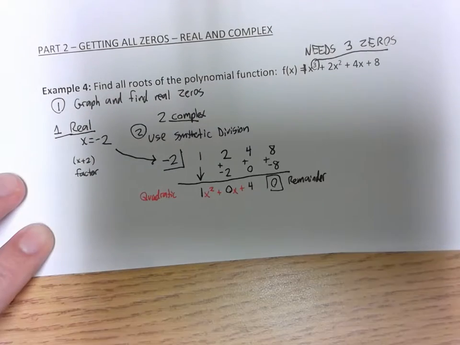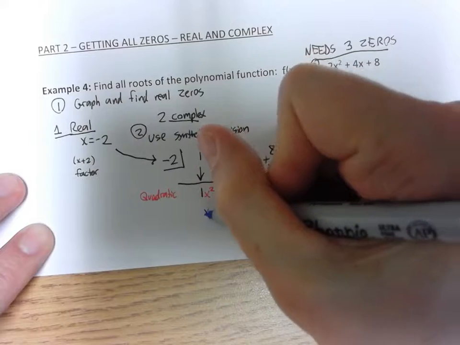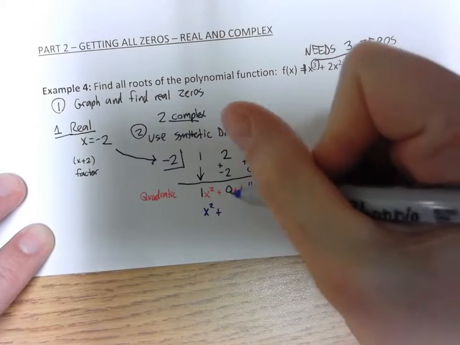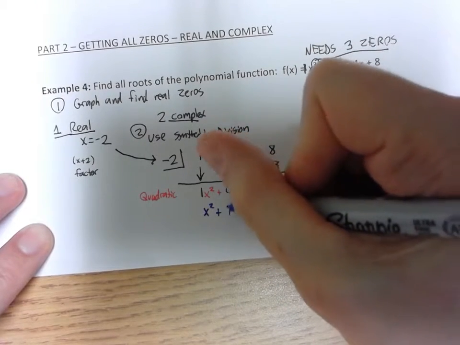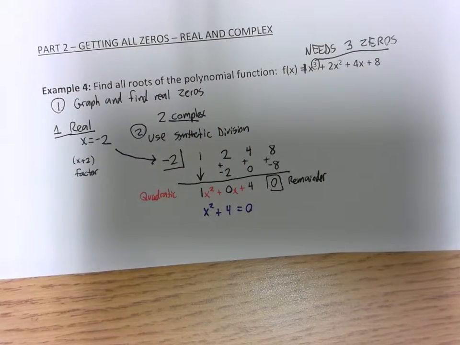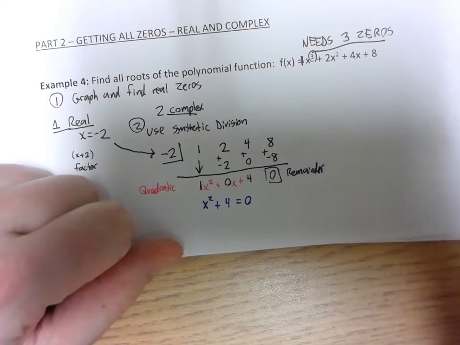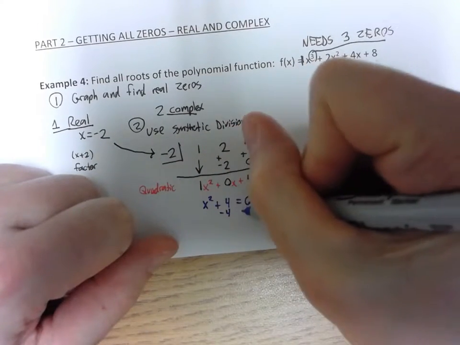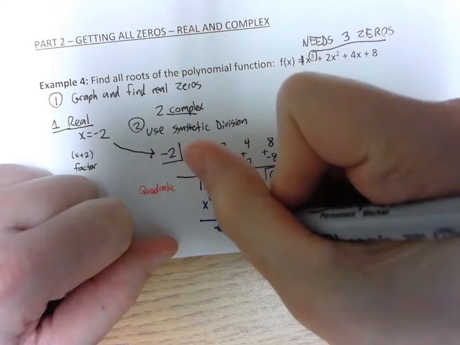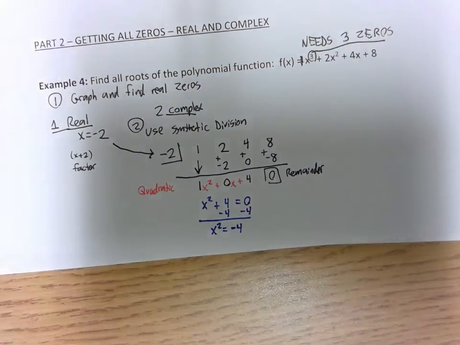Well, what is that expression really? It's just x squared plus 4, since we don't have to write 0x. And then if I want to find the zeros, I'm going to set it equal to 0. So x squared plus 4 equals 0. Well, how do we solve this? Take away the 4 and you get -4.